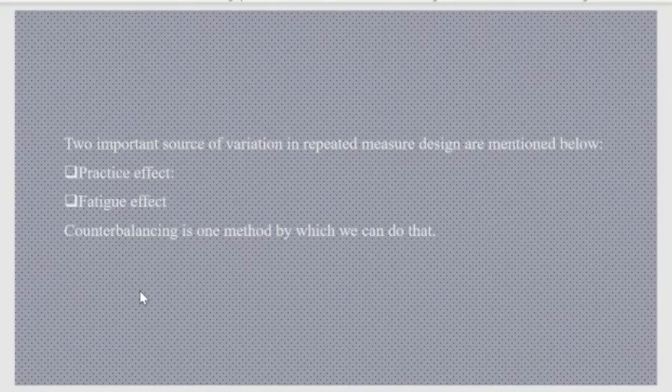For 10 participants, I will first take data in the morning session and then the afternoon session. For the remaining 10 participants, I will take data in the afternoon session first and the morning session later. That is a method of counterbalancing.